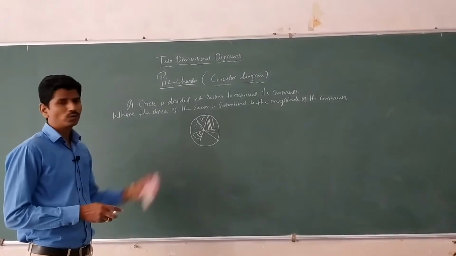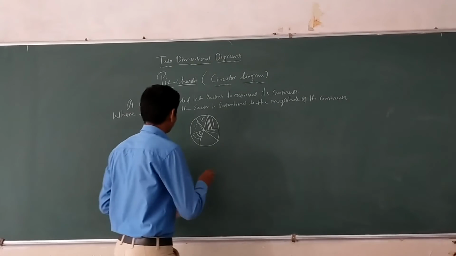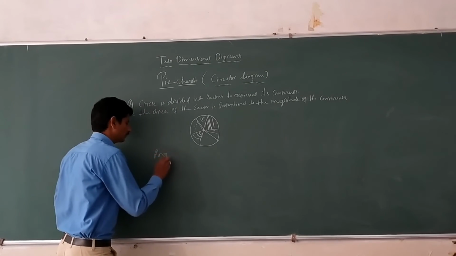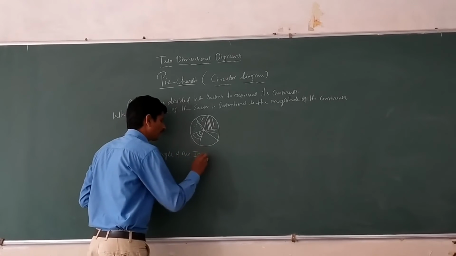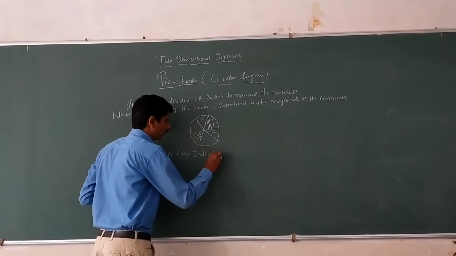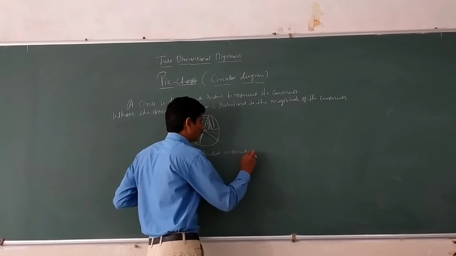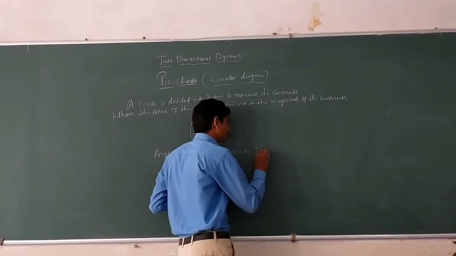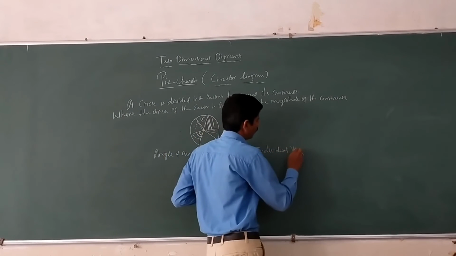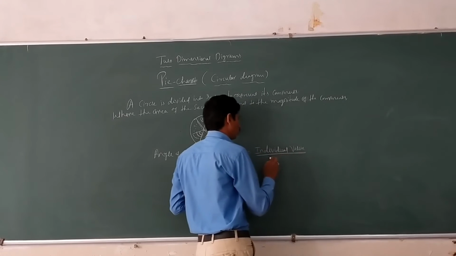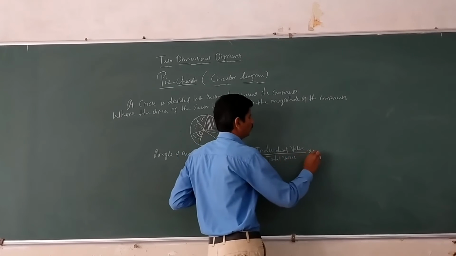Then how to calculate angles? Angle of an individual component equals individual value divided by total value into 360.